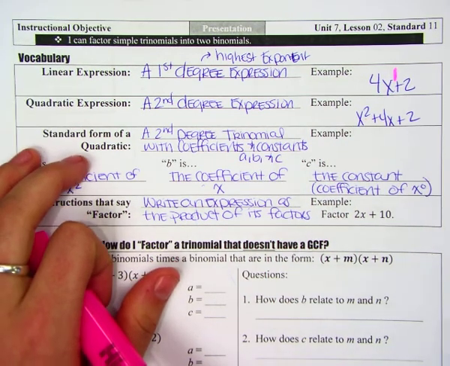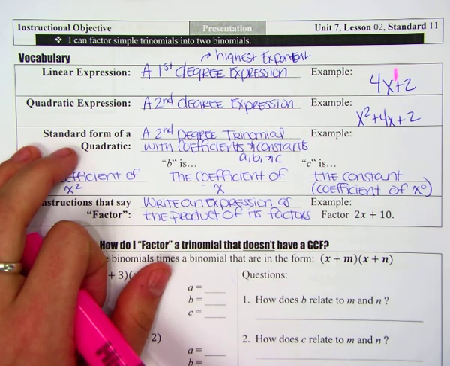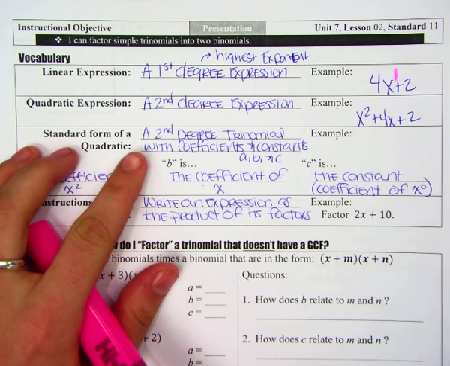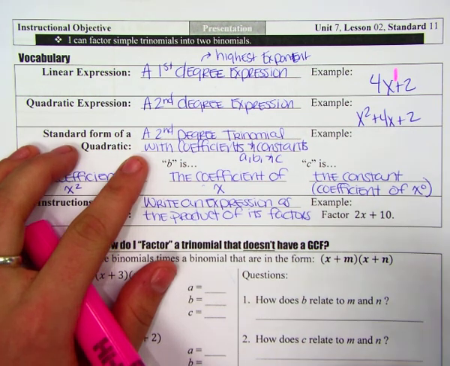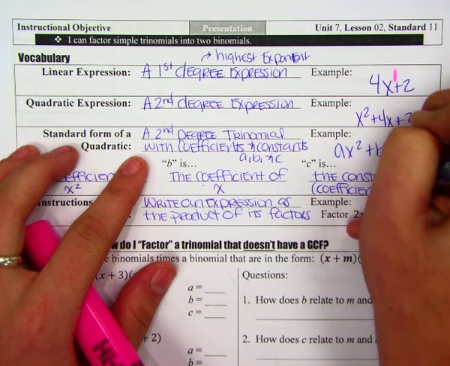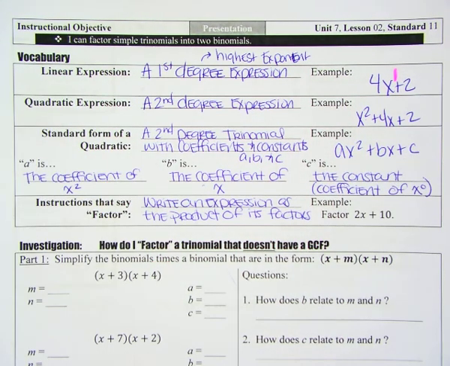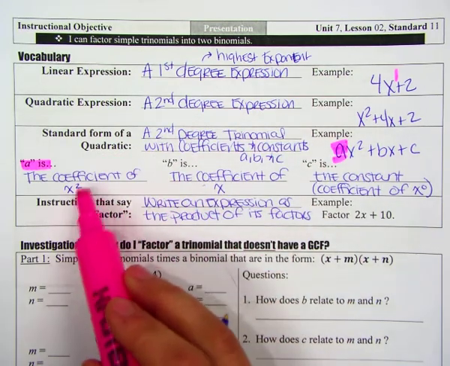And so the key about all this is that the standard form of a quadratic is a second degree trinomial with coefficients and constants a, b, and c. It's in the form ax squared plus bx plus c. That is the standard form of a quadratic, where a is the coefficient of x squared.